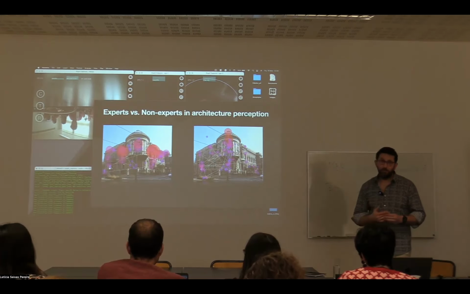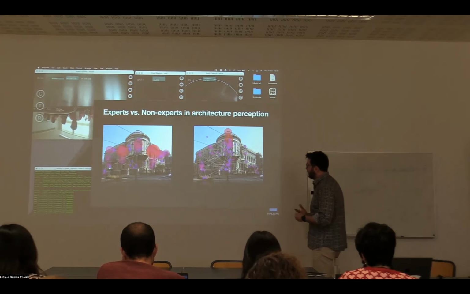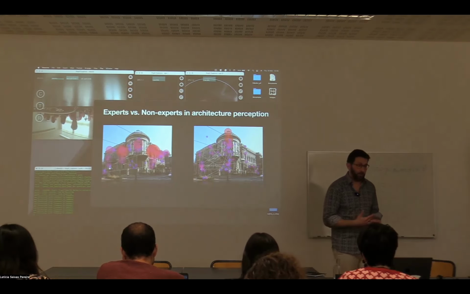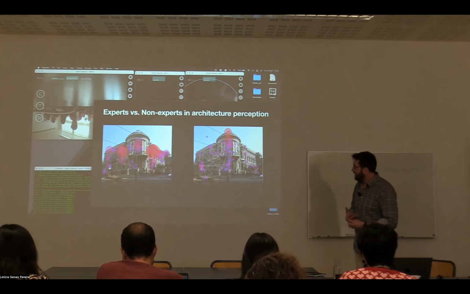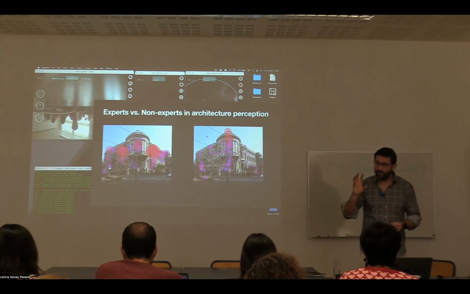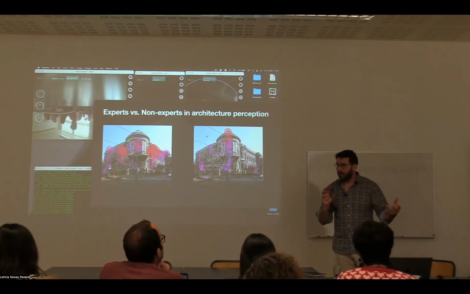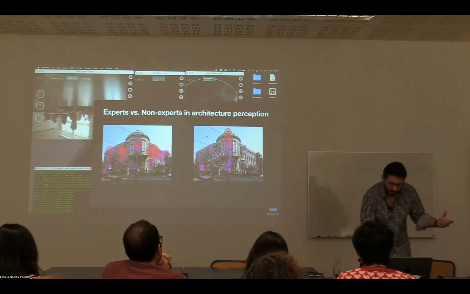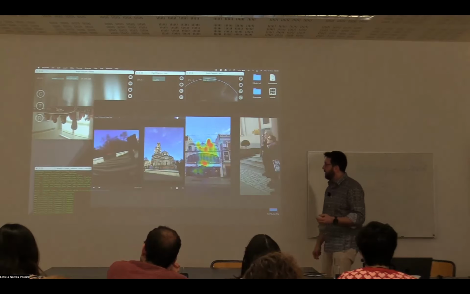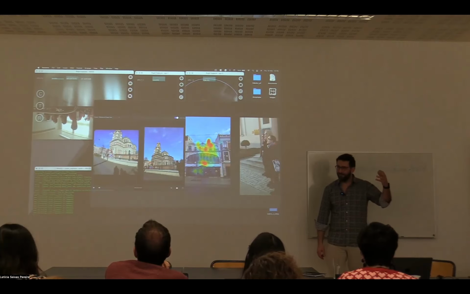And first of all, we want to measure how the eye movements of experts and non-experts look when they are looking at some historical units like buildings and monuments. And what we found out is that experts tend to fixate much longer on the building, on the art. And by experts, I mean architects and fine art experts or fine art historians, because on the building there are much more details to understand than on a cockpit.